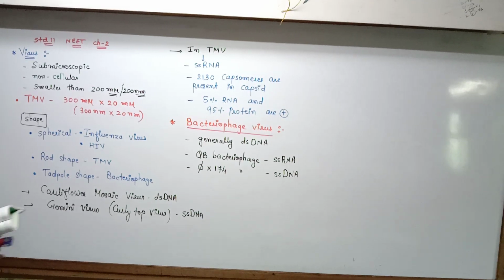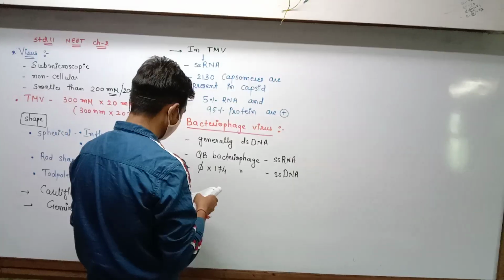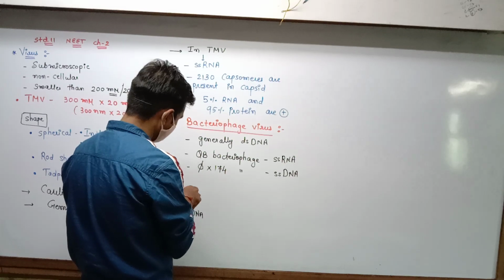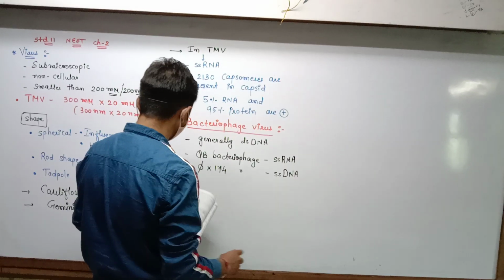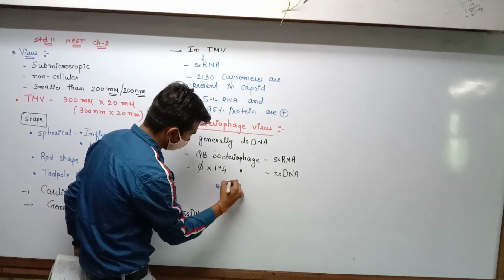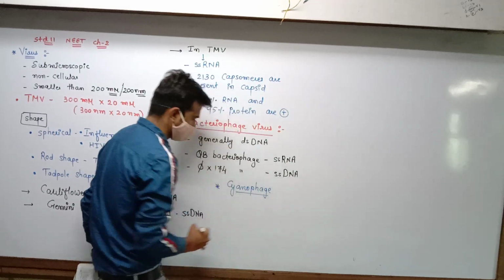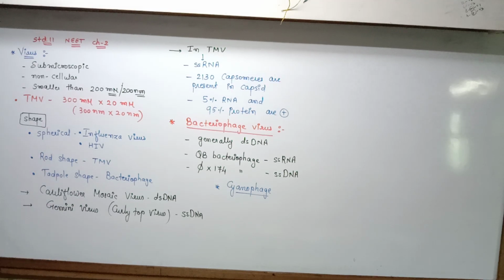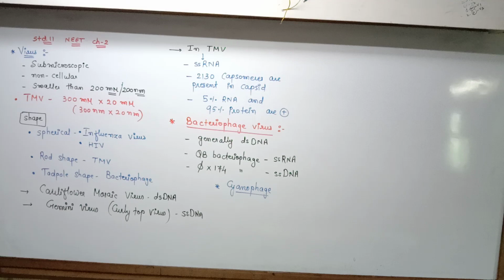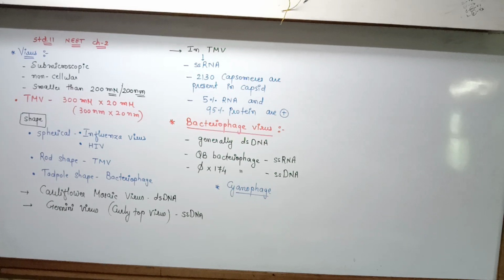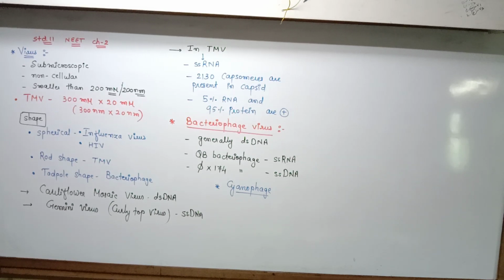Okay, now. How can you define it? The virus which infects the cyanobacteria or blue-green algae is known as cyanophage.